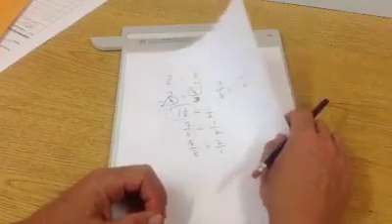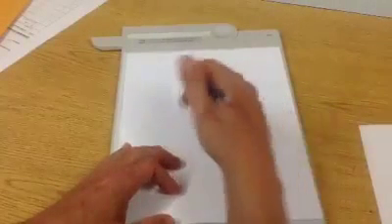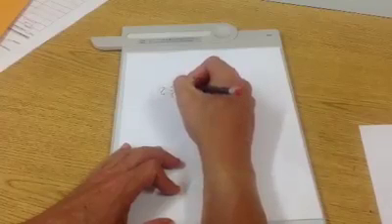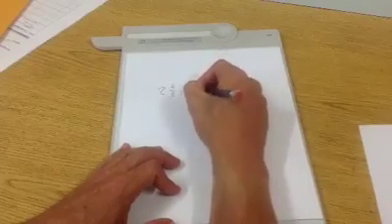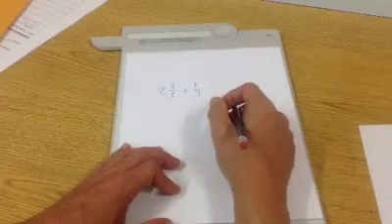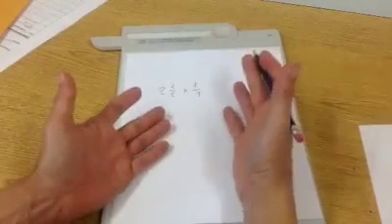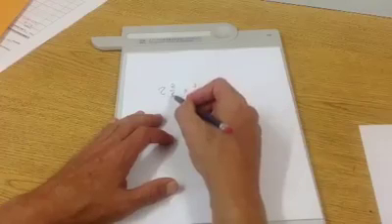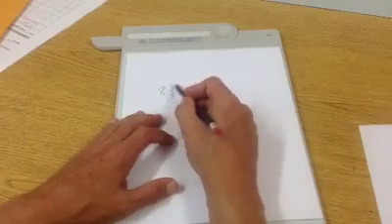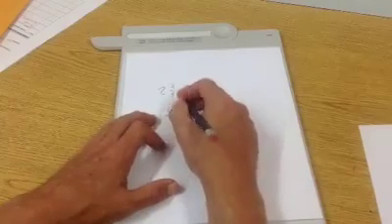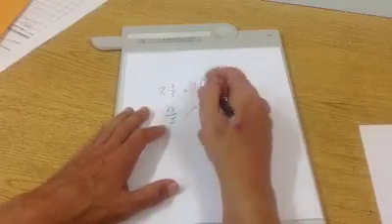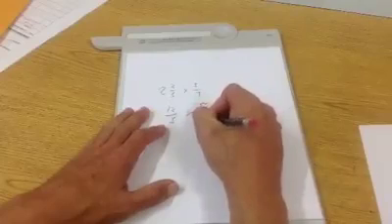The next question was simply a multiplication question that said 2 and 3/5 times 5/7. The first thing you must do for all your operations is turn your mixed numbers into an improper fraction. You would say 5 times 2 is 10, plus 3 is 13. Always keep the denominator the same. This one is already a fraction.